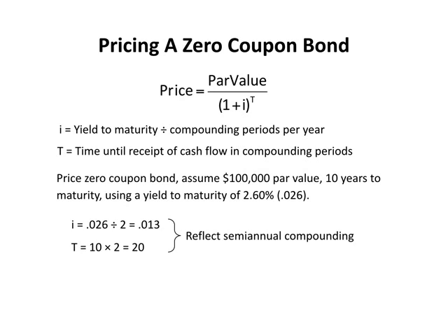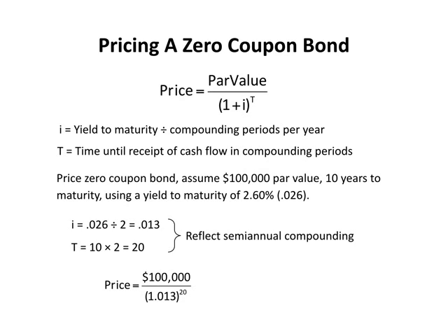As the security has 10 years to maturity, but is from a market sector that uses semi-annual compounding, one must multiply the 10 years by 2 to convert the time until the receipt of principal to 20 semi-annual periods. With those conversions, we can now flesh out the right-hand side of the formula, which will allow us to calculate the bond's price.